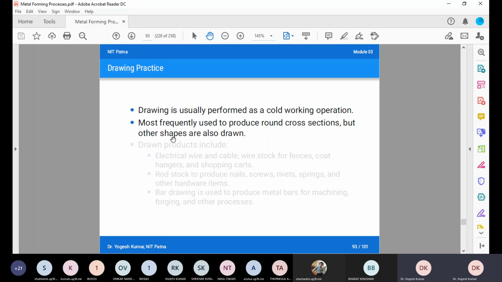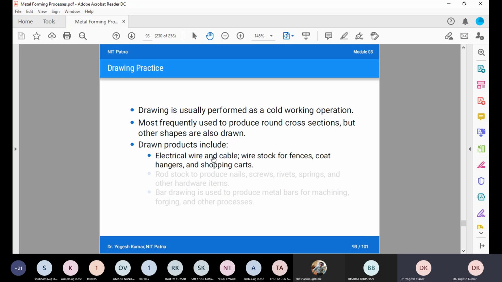But other shapes may also be drawn. Like the extrusion process, where multiple types of shapes could be extruded, some other shapes may be drawn using your drawing process. There are various kinds of products that can be produced using your drawing process.